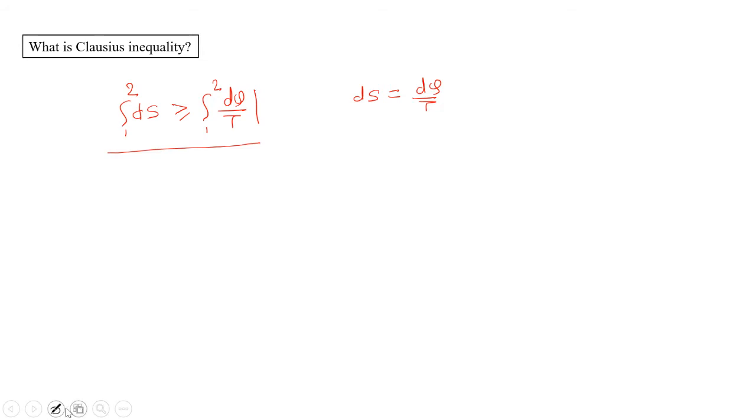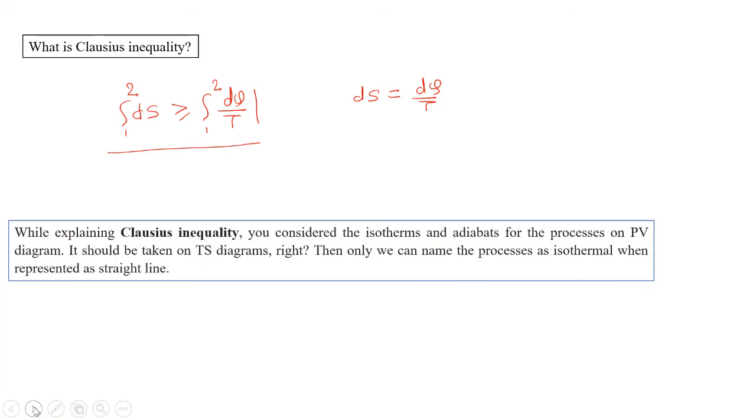Actually, this question would have been asked from one more perspective, that in the lecture I was explaining this using PV diagram, and then one of the processes was turning out to have almost horizontal line. So, the student is saying that while explaining Clausius inequality, you considered isotherms and adiabats for the process on PV diagram.